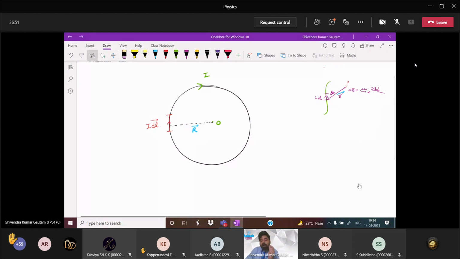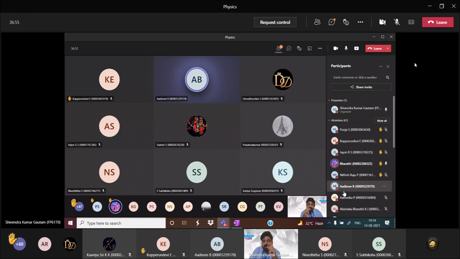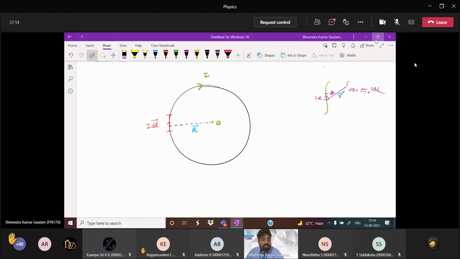If the element is very small, can we treat it as a straight line? In a circular arc, if the arc length is very small, can we treat it as a straight line? Yes. So this very small element is nothing but a straight line, a tangent. Now tell me, between tangent and normal, any line passing through the center acts as a normal.